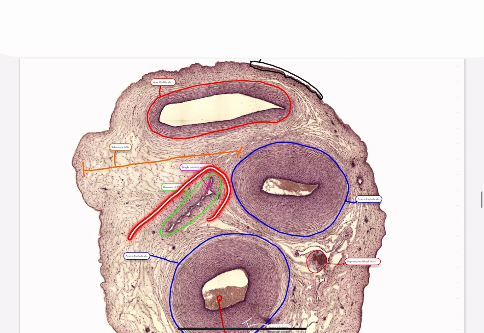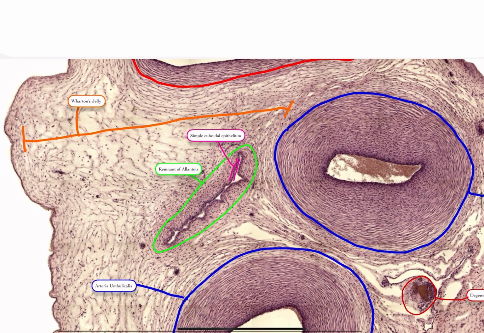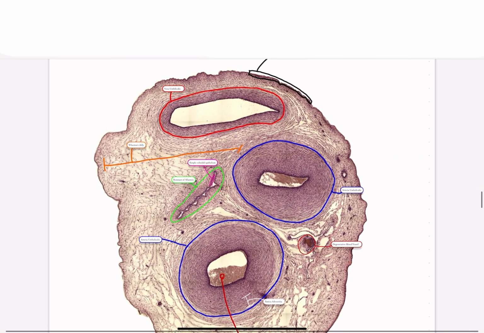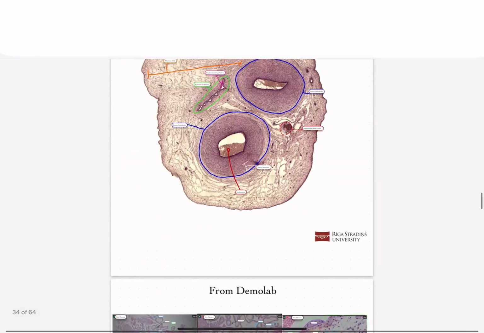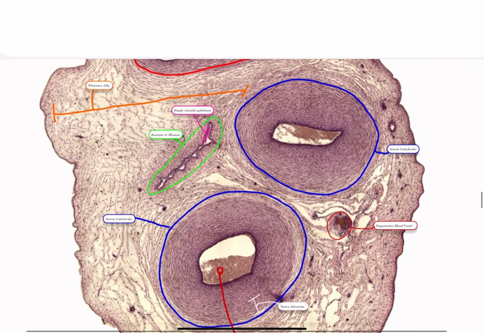But there is a third type of thing within the umbilical cord. That is a gland. The gland has a specific name, and it's known as the remnant of allantois. You may see it, you may not see it. For example, here you do not see it, here you do not see it. So it's not visible in every umbilical cord slide, but definitely something that has been brought up in previous colloquiums.